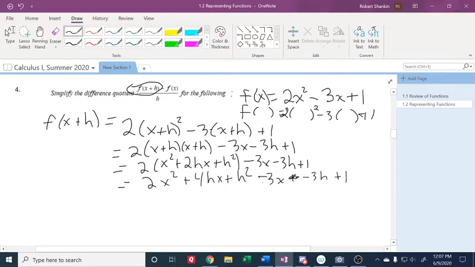Alright, now there's no like terms here, but this is what's going to replace what I circled right up there. So my difference quotient is now going to be that whole thing.